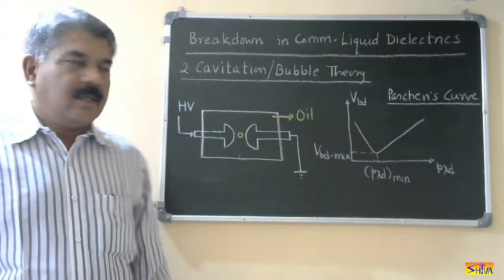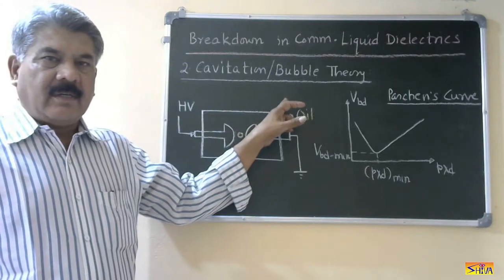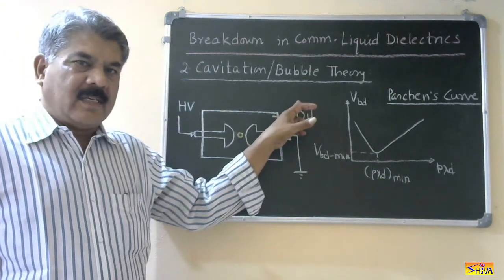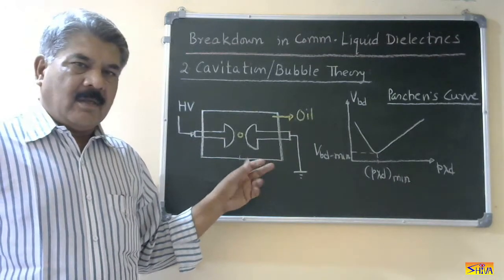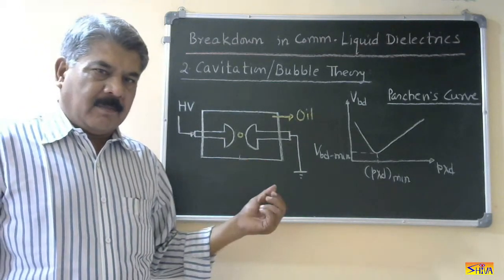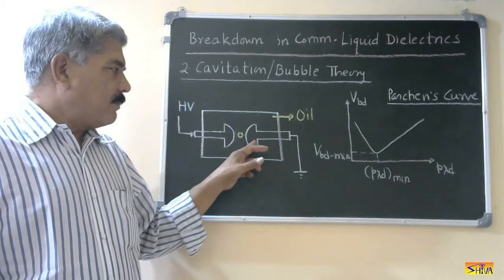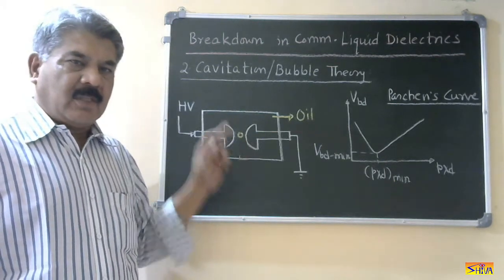The next theory is called cavitation or bubble theory. This theory states that if there is any vapor bubble or air bubble under the influence of an electrostatic field, it comes in between these two electrodes.